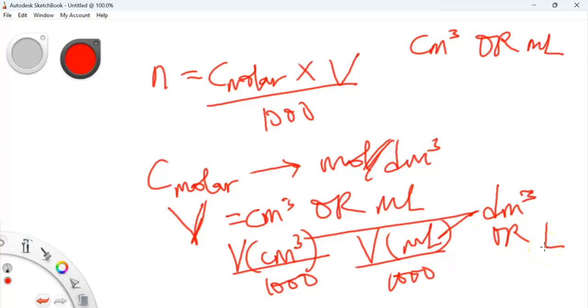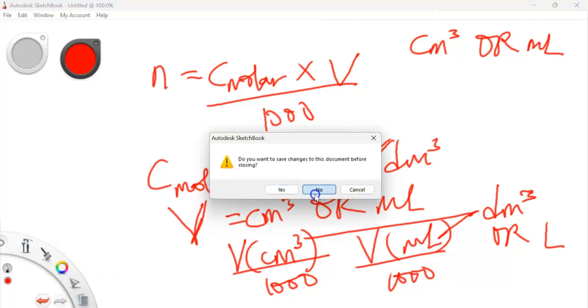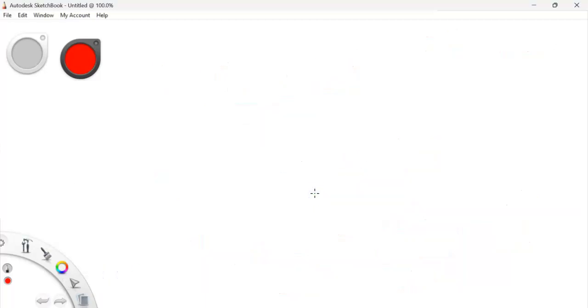Do you get? And the reason behind this is that 1 dm cube is equivalent to 1000 cm cube.